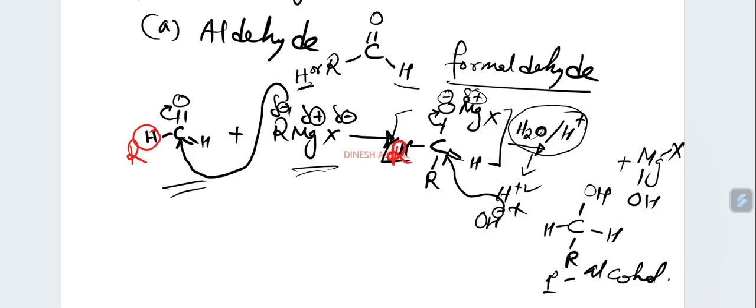Here it will be R. If R is here, two R groups are bonded to a carbon that has an OH group, and such an alcohol we call a secondary alcohol. So you should remember that apart from formaldehyde, if any other aldehyde reacts with Grignard reagent, you get secondary alcohol. I hope till here you have understood.